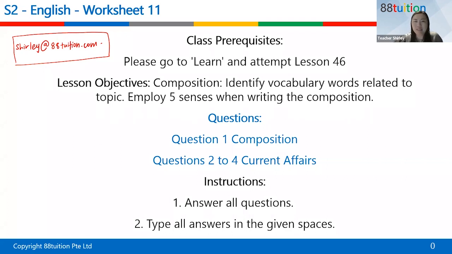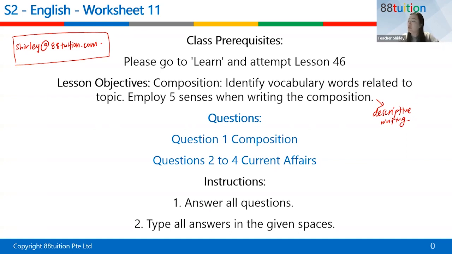Okay, so basically this week's lesson is somehow a continuation of last week's one, whereby we're looking at descriptive writing. You do know that descriptive writing is one of the genres. And also, in terms of descriptive writing, I think we did speak about writing by employing the five senses, right?